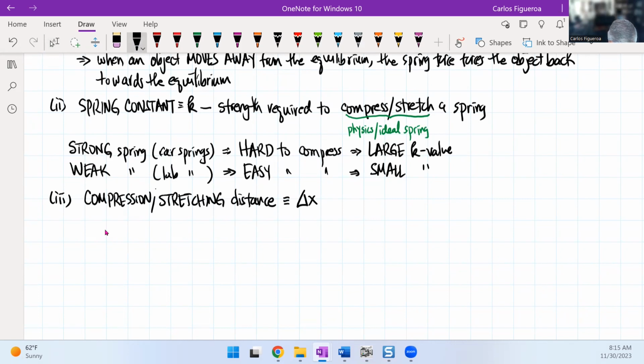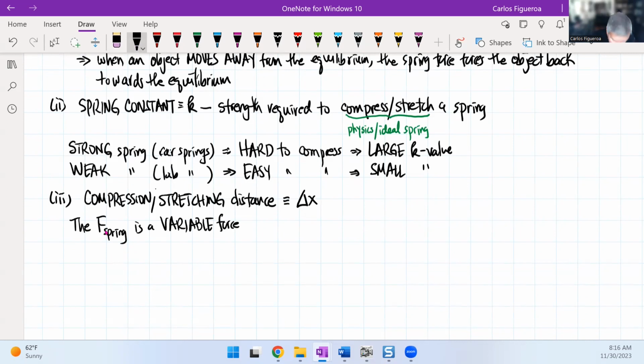So what we said earlier here is that the spring force is a variable force. It's the only variable force that we will encounter in this course.